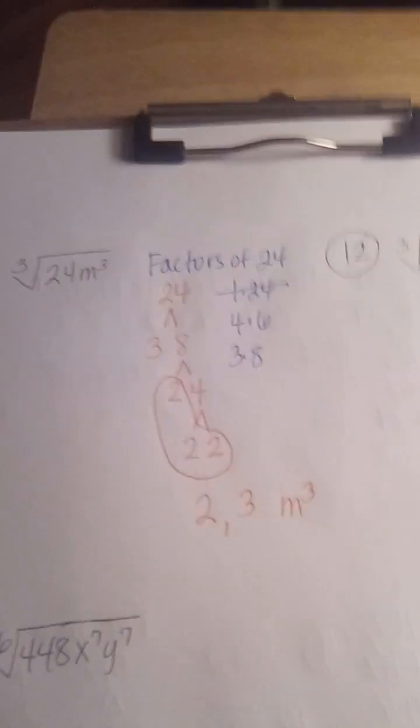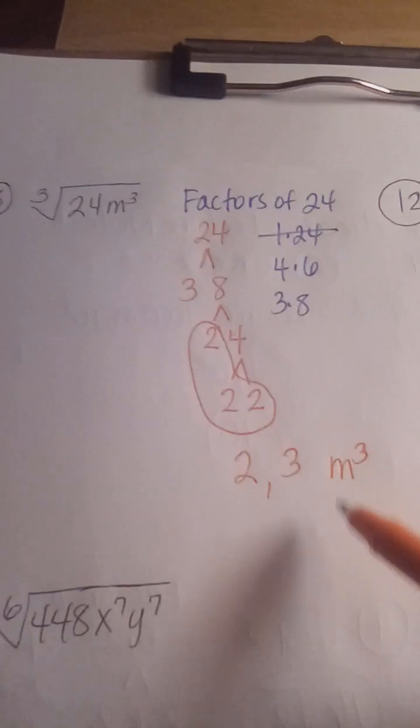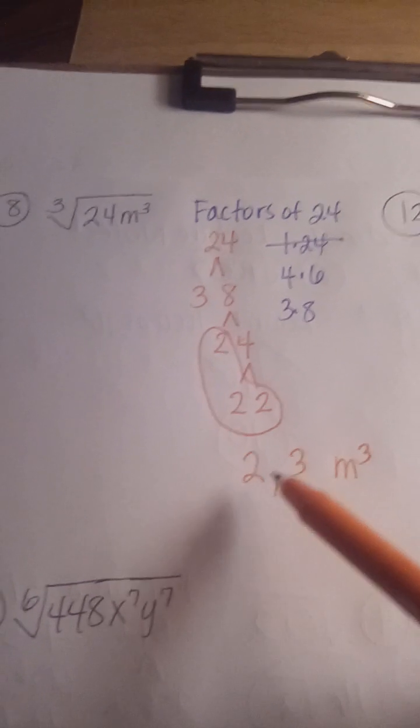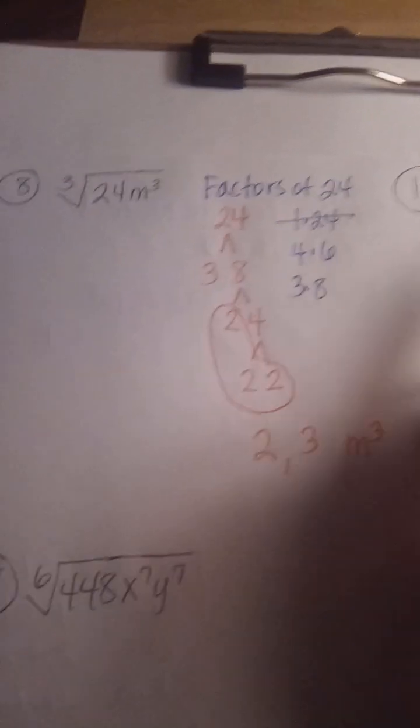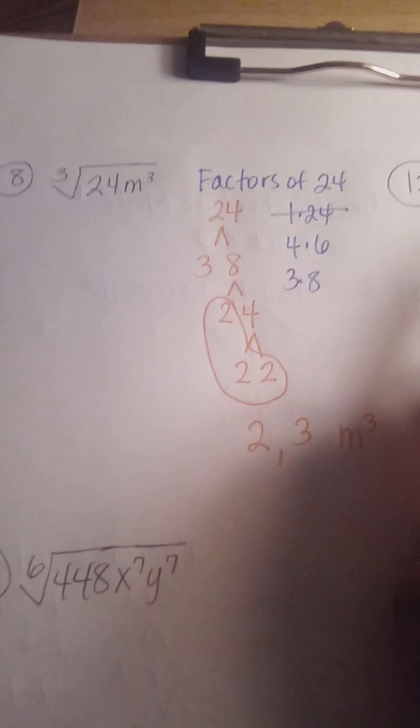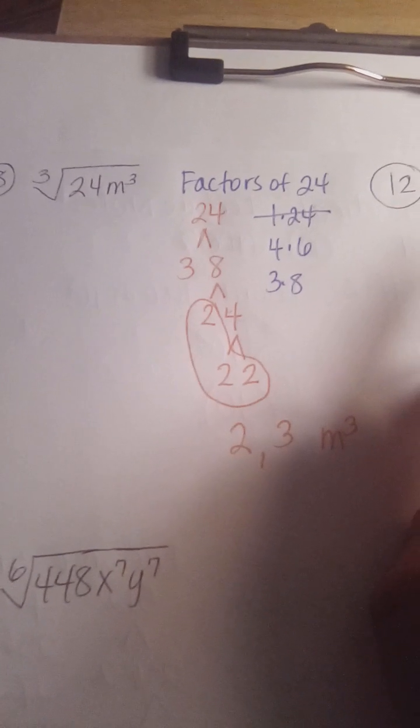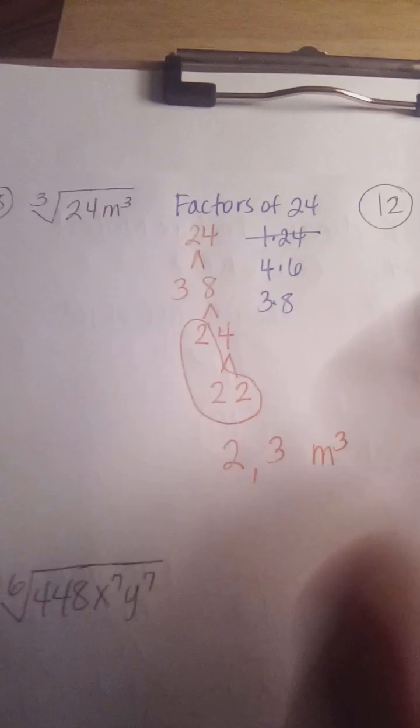We're almost done cleaning it up just a bit. So what number do we use outside? The 2 or the 3 outside the radicand? The 2, right? So we're going to put the 2 here. And what do we need to do next?